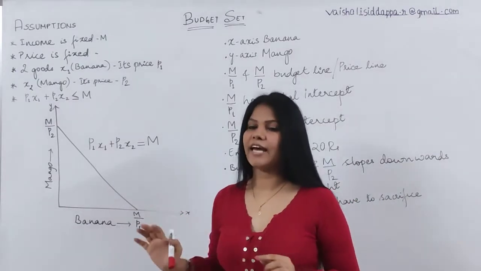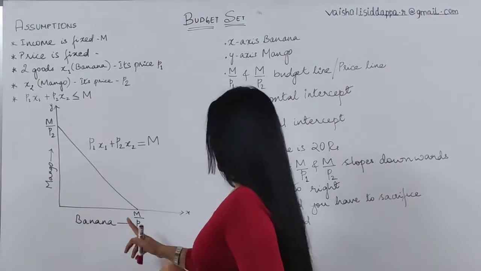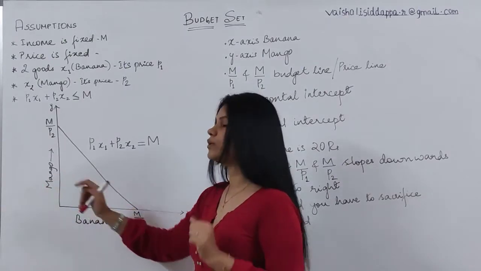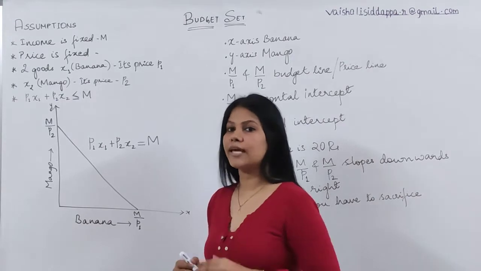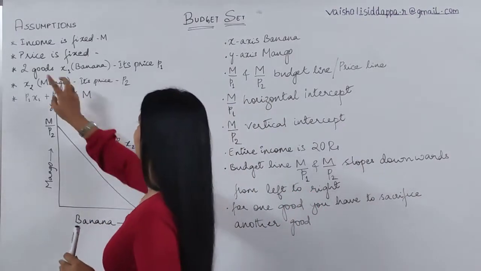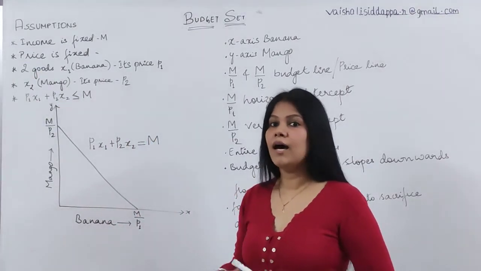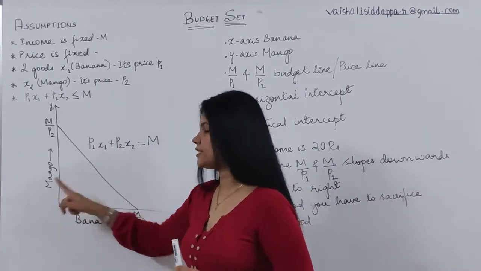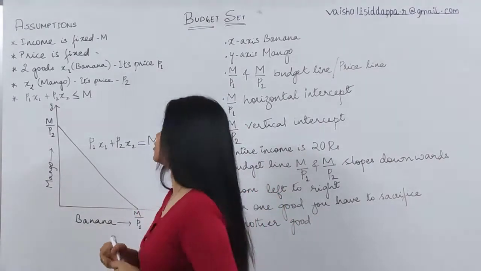The two goods we have are a banana and a mango, and their prices will be fixed. They are not going to change at all. You have to assume that there are only two goods in the market.